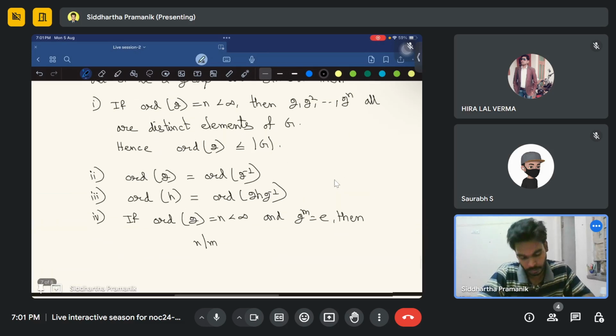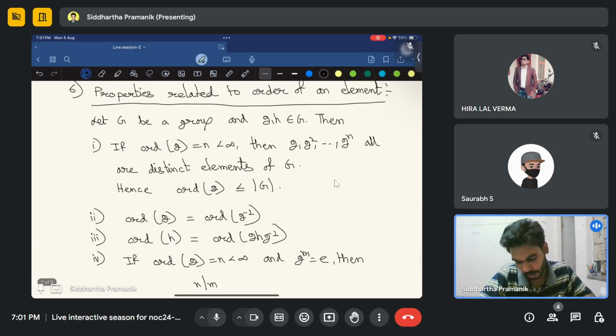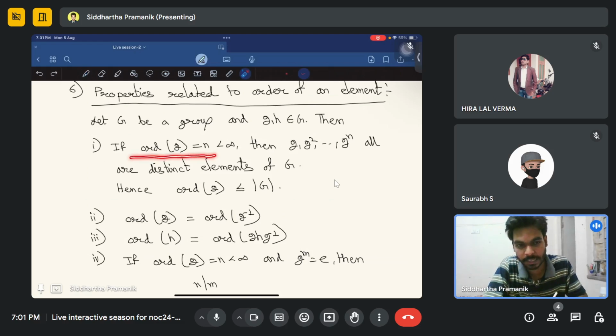So let me prove one by one all these formulas. So first one is, if order of g is n, then these n elements all are distinct.